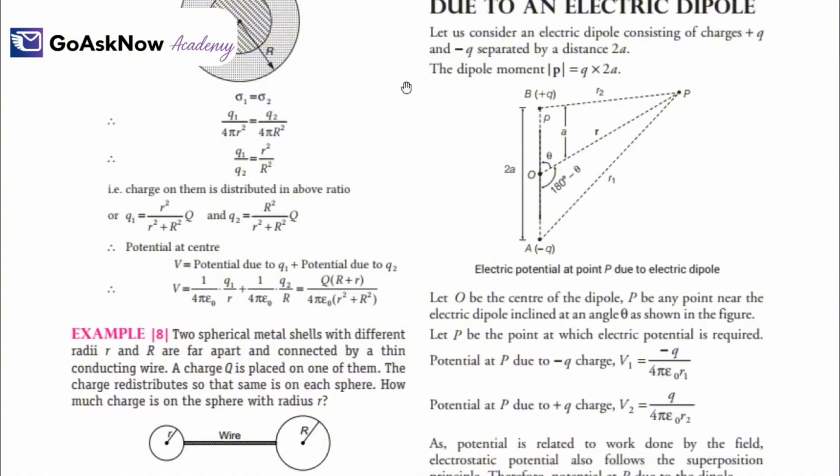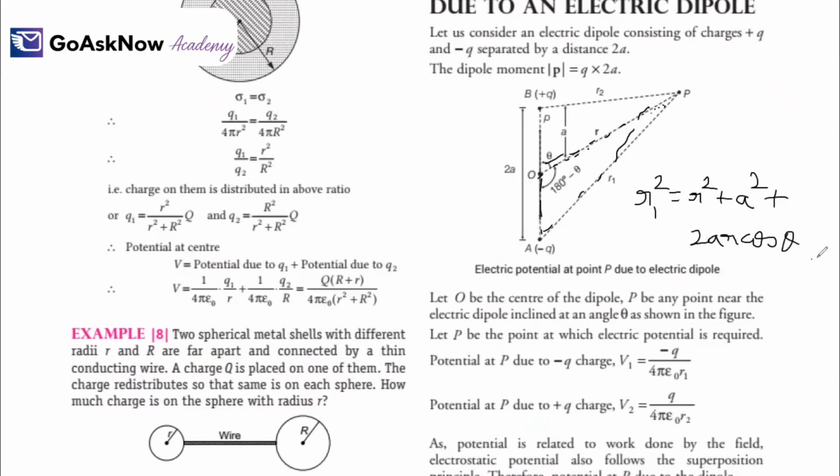This is your R1, this is small a and this is small r. Now the angle between the two vectors, where the R1 vector is the resultant, so it will be equal to R square plus a square plus 2ar cos theta.